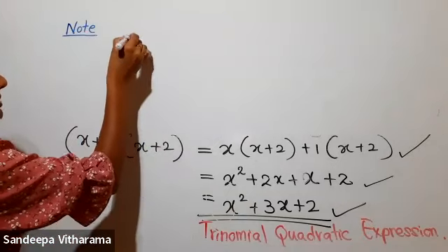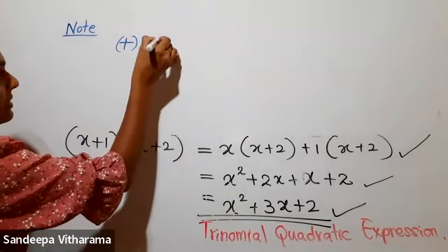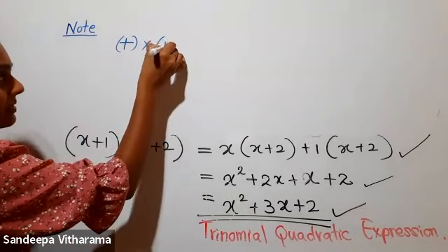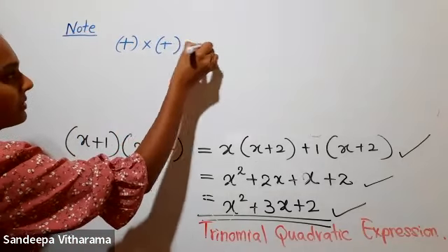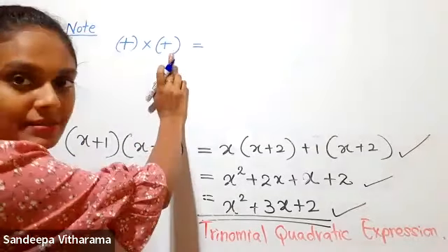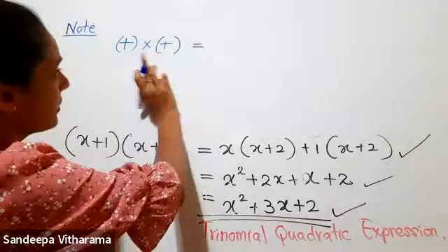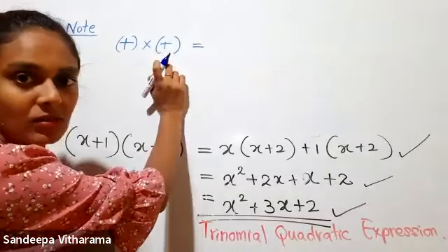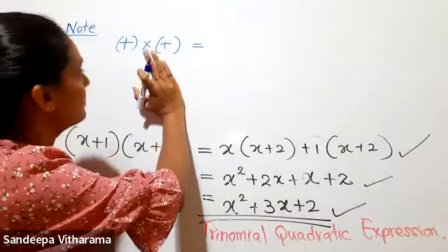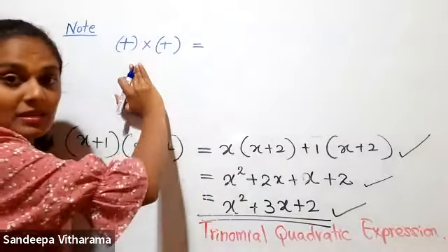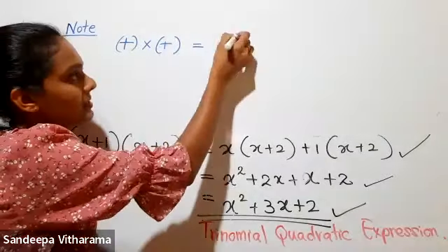different sign numbers. Okay, when you have to multiply, not addition, it is multiplication. When you multiply same sign numbers, if it is plus, then plus, the answer is plus.